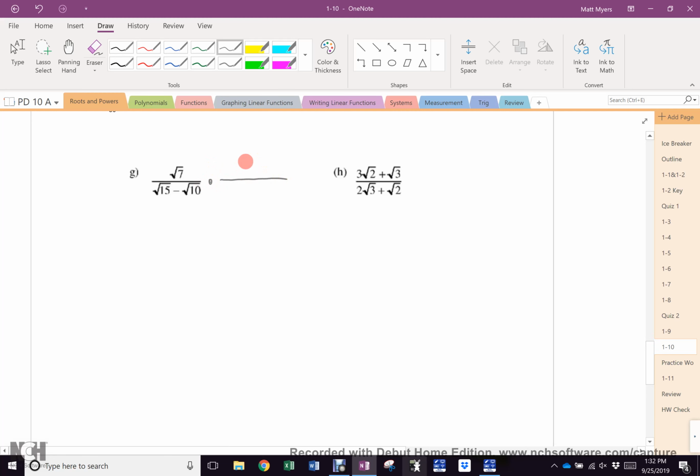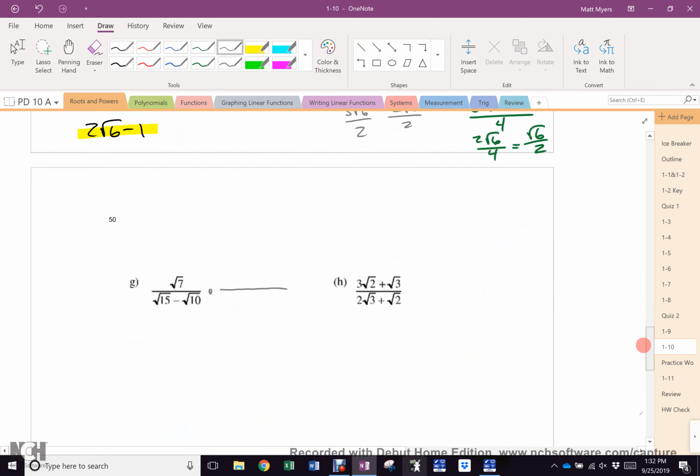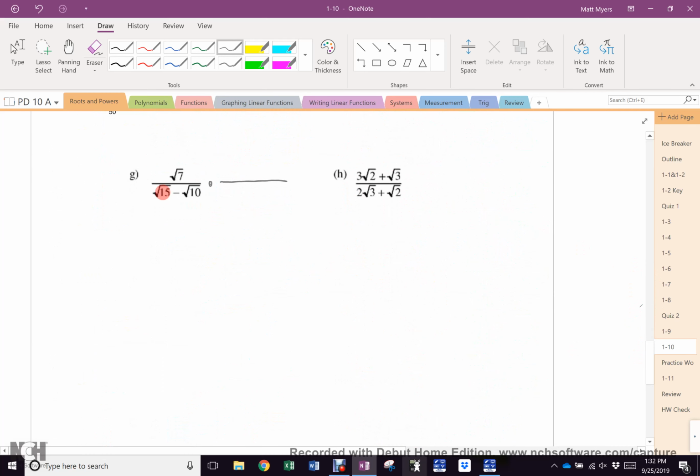What do we know about this numerator and this denominator over here? What have they had to be every single time? The same. Excellent. Okay. Now, what do we got to get rid of here? Root 15 and root 10. So I'm going to need a root 15 and a root 10.